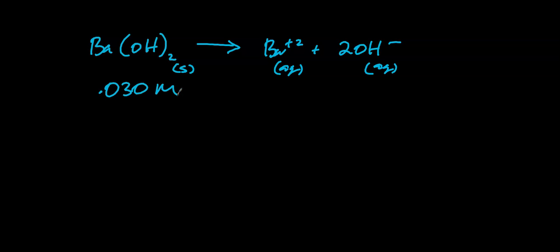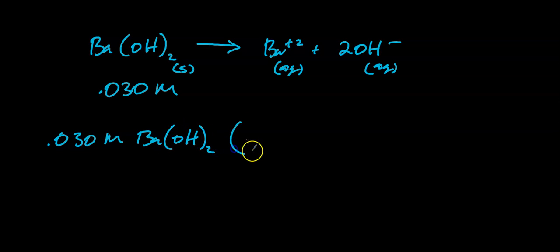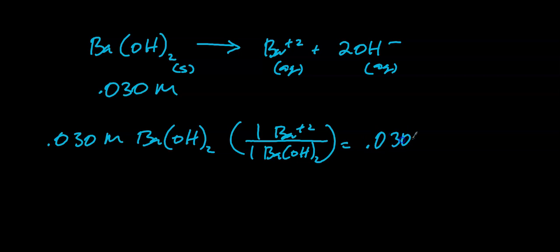Take our concentration of the solution as a whole, and then we're going to use a conversion factor based on our balanced dissociation equation to get the concentration of each of the ions in solution. So it's technically 1 mole of barium ions for 1 mole of barium hydroxide. So for every 1 mole of barium hydroxide that dissolves, you produce 1 mole of barium ions. Therefore, the concentration of the barium ions in solution is 0.030.